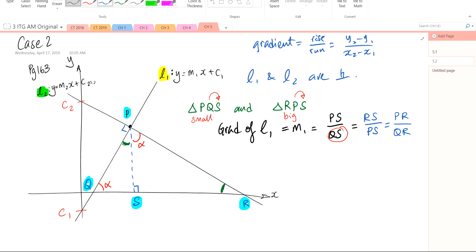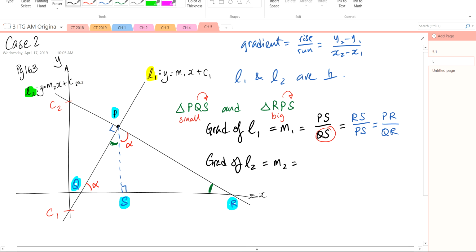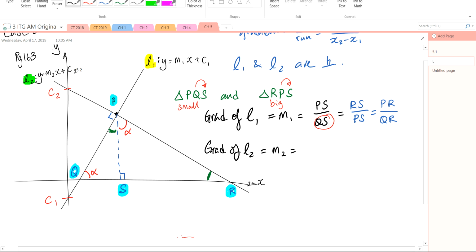Now, let's talk about the gradient of L2. What is it equal to? M2. Okay, if you want to calculate M2, what is it going to be? PS over QR. Sure?